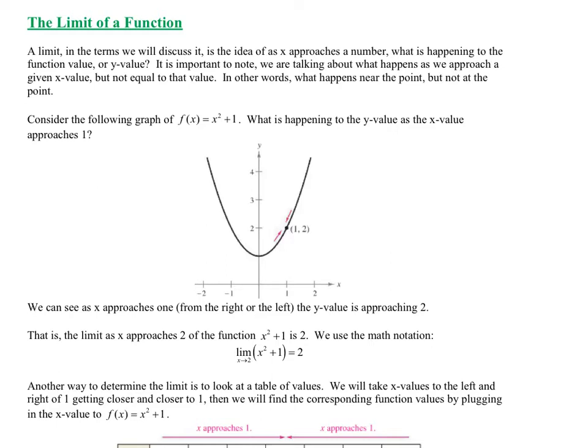Rather than writing that whole sentence, we came up with some math language. The limit as x approaches 2, that's the x value we're approaching, and that shouldn't say x approaches 2, that should be as x approaches 1 of the function x squared plus 1 is 2. So as x approaches 1, the function value approaches 2. How do we write that mathematically?